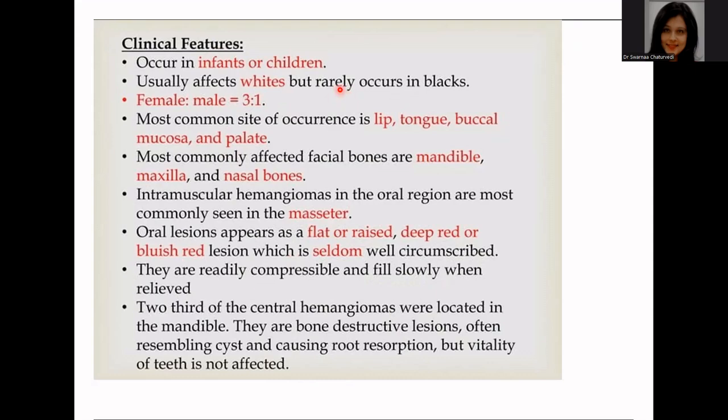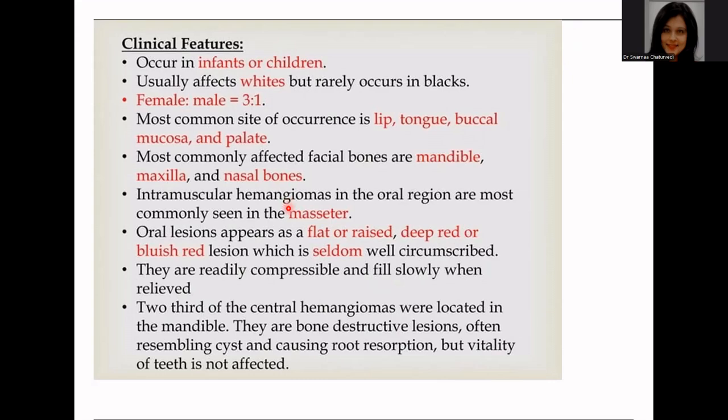It usually affects whites but rarely occurs in blacks, and it has a very strong female predilection with a ratio of 3:1. The most common sites involved are the lip, tongue, buccal mucosa, and palate. The facial bone most commonly affected is the mandible, followed by the maxilla, followed by the nasal bones.